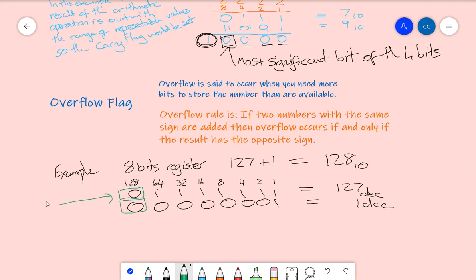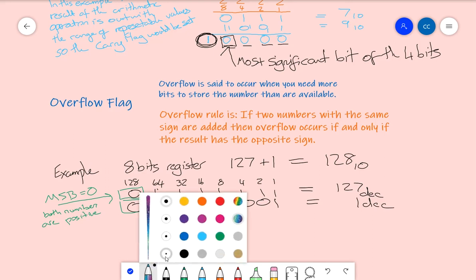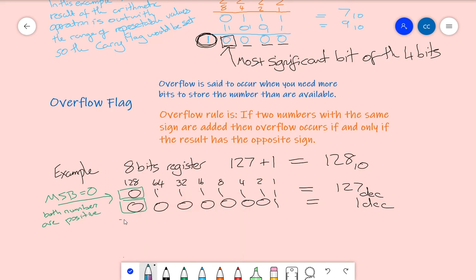So this most significant bit of the 2's complement numbers is set to 0, which means both numbers are positive. So now we'll calculate them and see what happens. So let's put a line under here and then carry out the calculation.